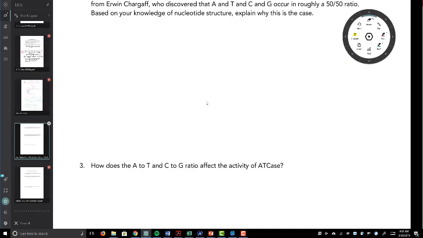I want you to talk in your groups about how the ratio of these nucleic acids affects the activity of ATCase. You can pull out your enzyme regulation notes, your book, whatever, and let's connect our refreshed knowledge of nucleic acids back to what we talked about a previous day in class.